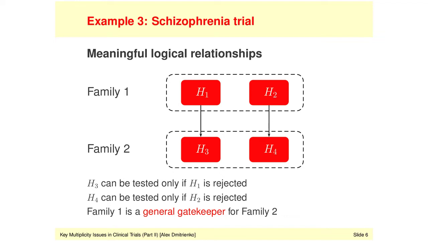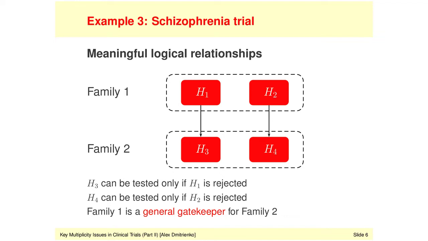And these logical relationships are visualized on the slide using arrows. You can see that there are the arrows connecting the hypotheses H1 and H3, and secondly the hypotheses H2 and H4 on the right hand side.